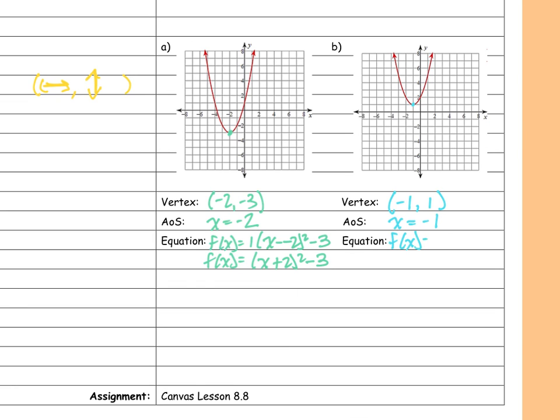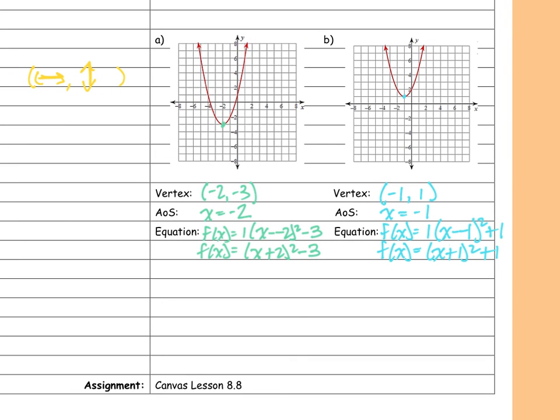So f of x equals 1 times x minus a -1 squared plus 1. So if I simplify that, I get x plus, that is not an x. Let's try that again. X plus 1 squared plus 1. Okay?